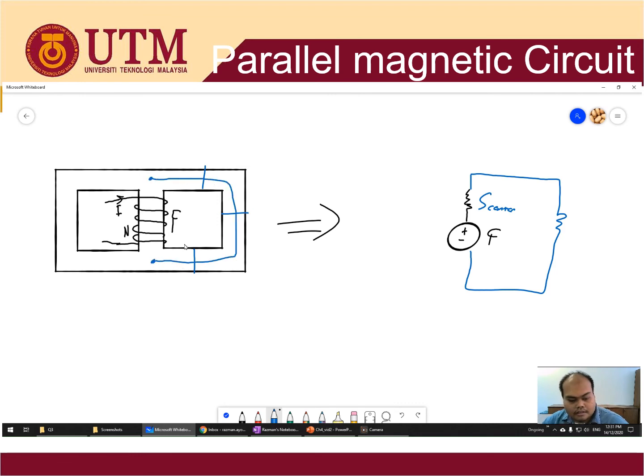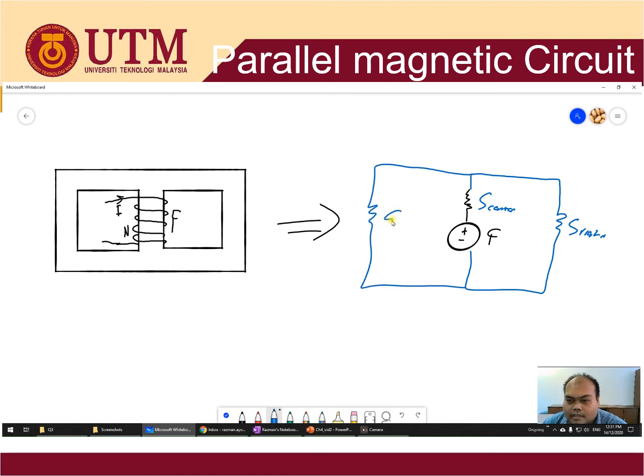So this one is S right, and then another one is S left. From here to here, assume that the area is the same. And if the area is not the same, maybe this one is area 1, this one is area 2, this one is area 3.